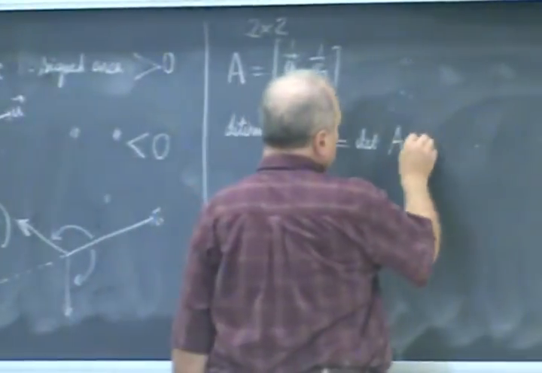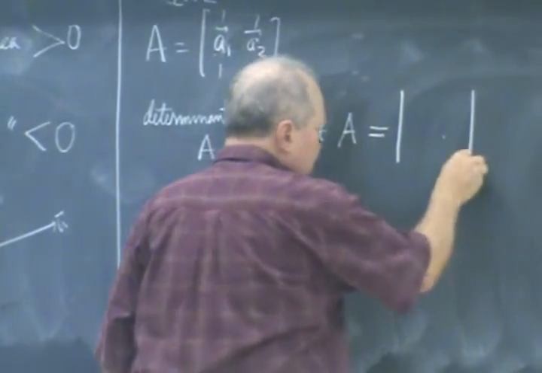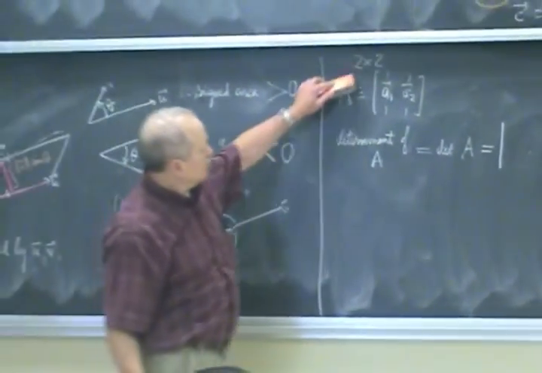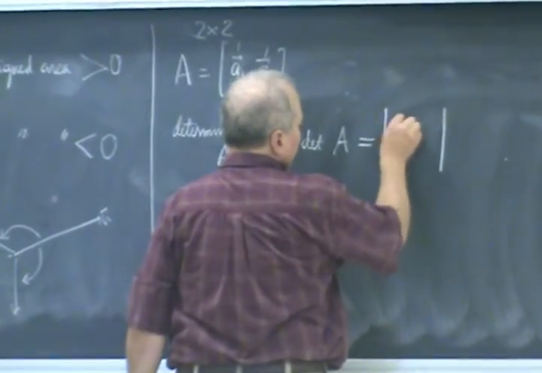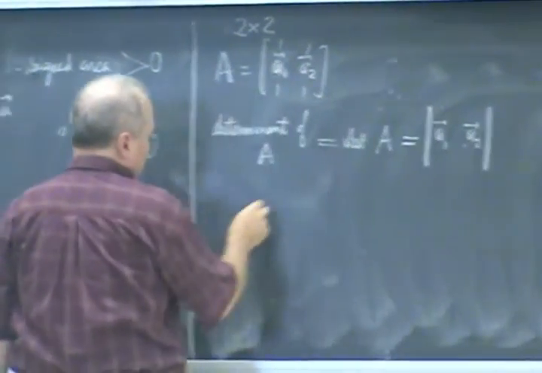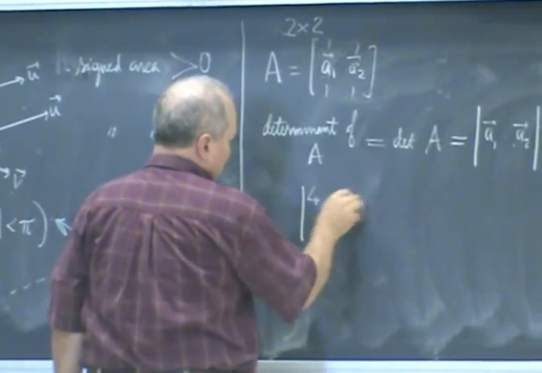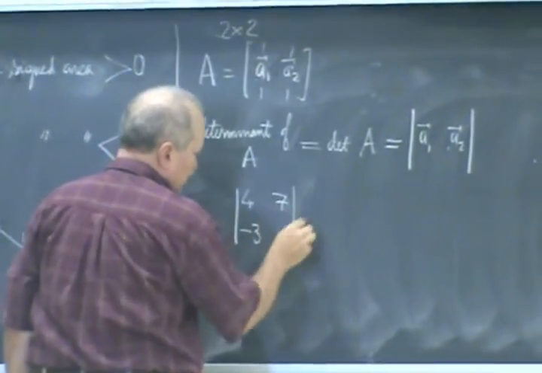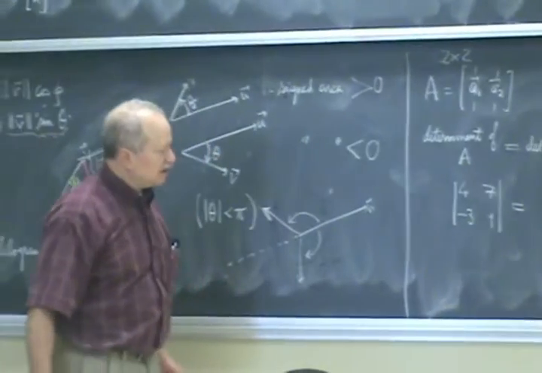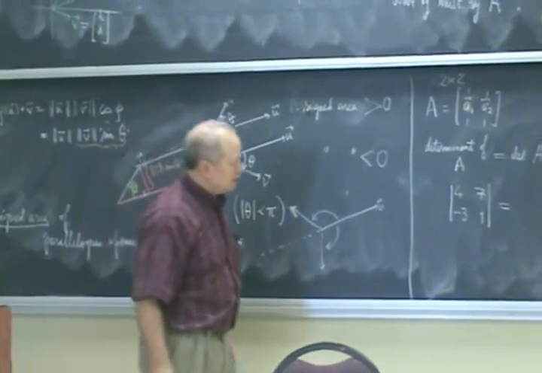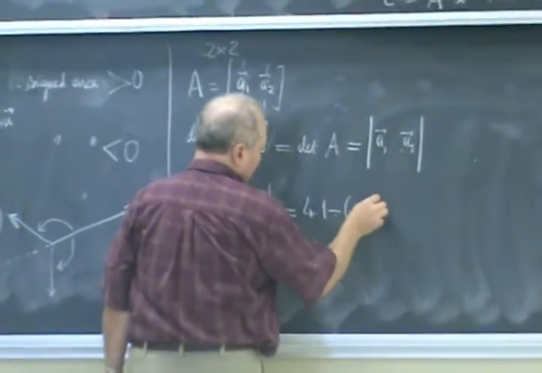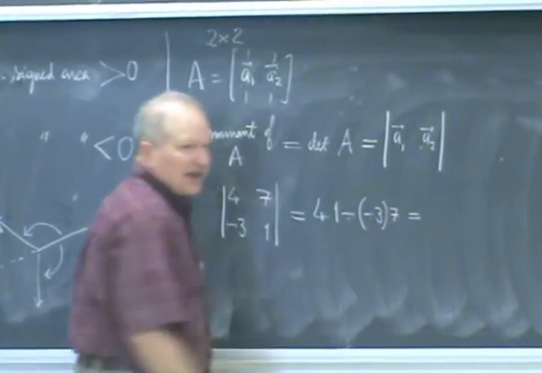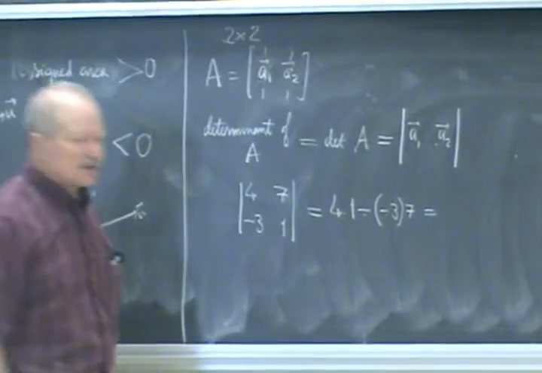It's also written by putting vertical bars instead of brackets on the matrix. So for example, if I gave you 4, 7, negative 3, 1, the determinant would be 4 plus 21. So be very careful with negatives and negatives when you're doing this stuff for the next few weeks.